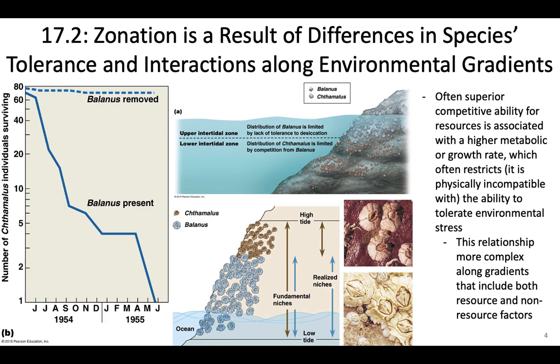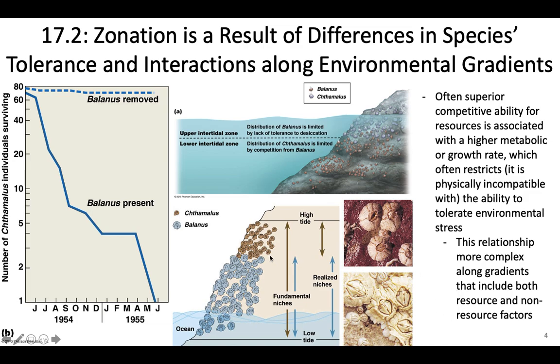And if the species there have higher metabolic rates or growth rates, that often restricts their ability to tolerate environmental stress. So the higher the growth rate, the more likely they are to be less tolerant of environmental stress, like desiccation, for instance, in these two competing species of barnacles. But this includes resource and non-resource factors.